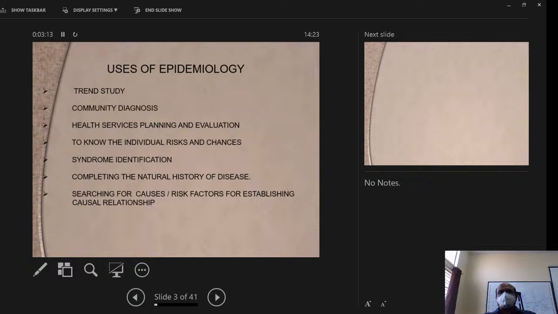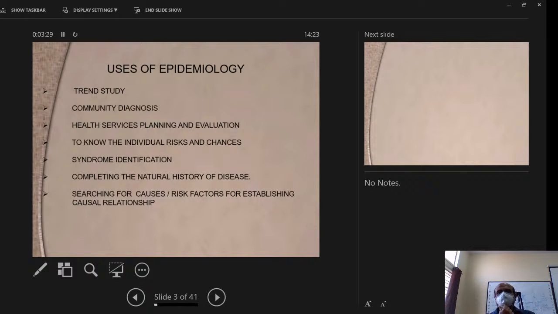Now, completing the natural history of the disease. When a disease is discovered or comes into the picture, like coronavirus here, it's very important to know the natural history of the disease.